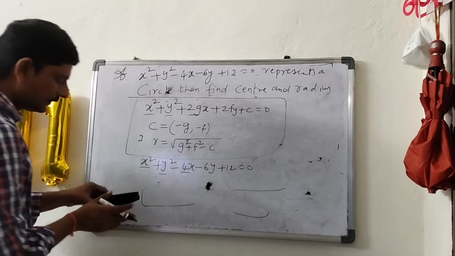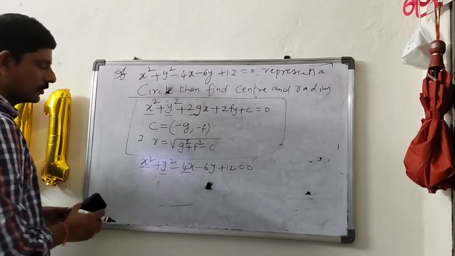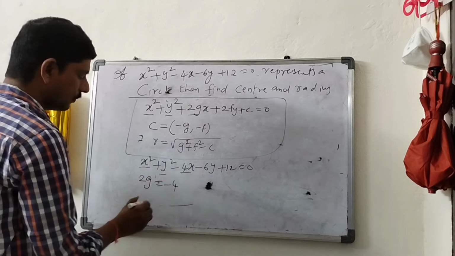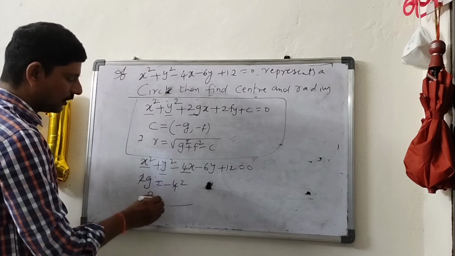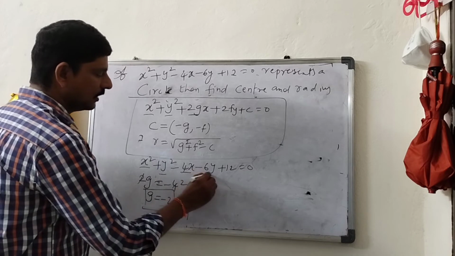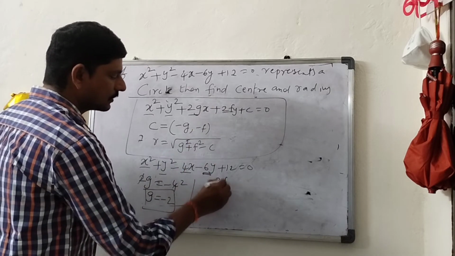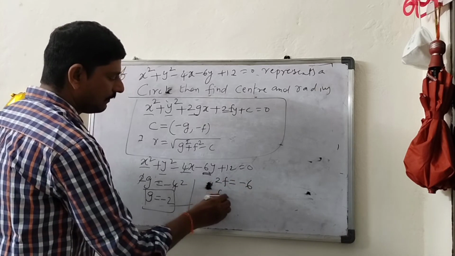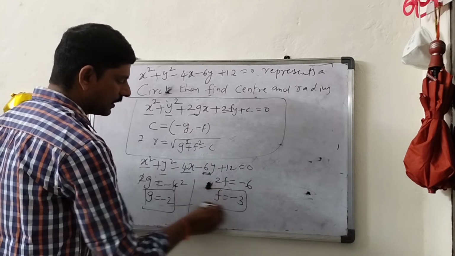So 2g equal to minus 4. So here 2 gets cancelled. g equal to minus 2. Remember, g equal to minus 2. Now here 2fy, here minus 6y. So what is in the place of 2f? Minus 6. f equal to minus 3. Okay, f equal to minus 3.